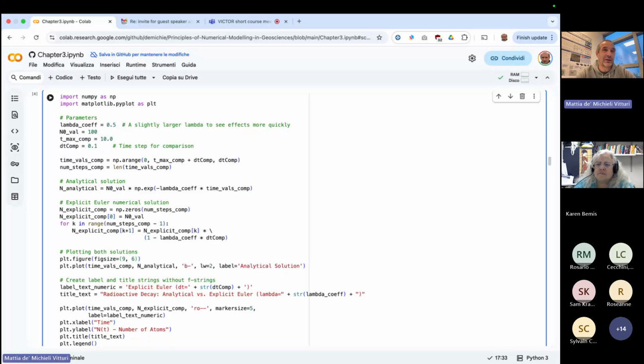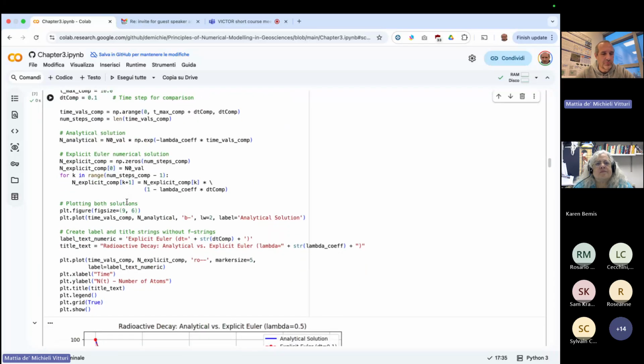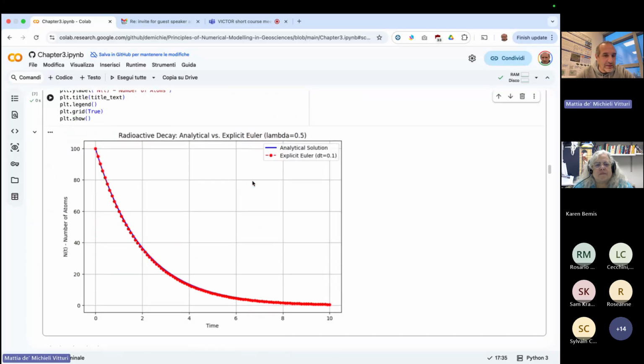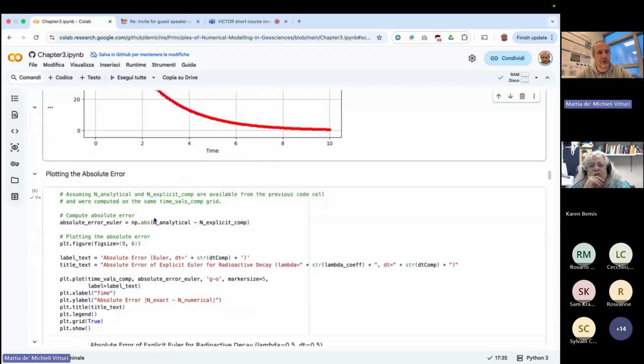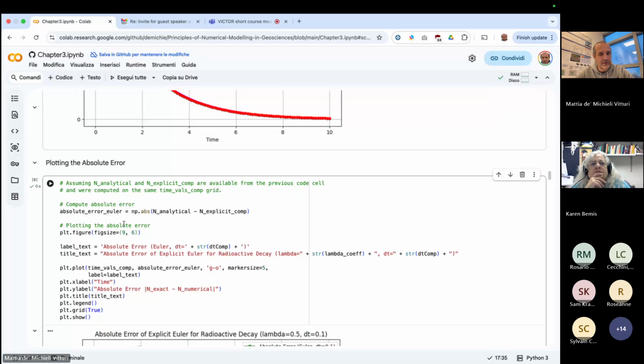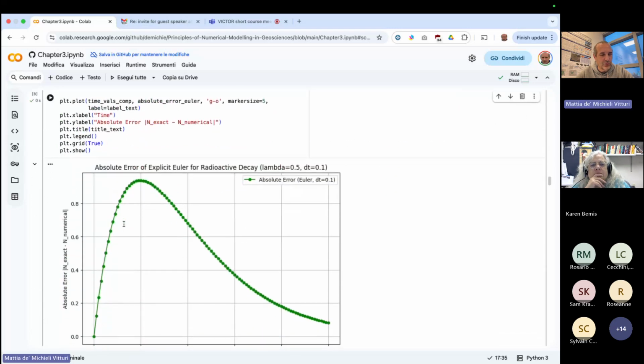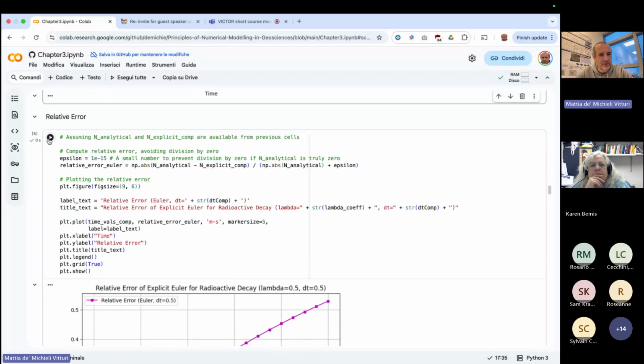So we are decreasing the time step by a factor 5. And so let's see. So we compute the new. Well, we already see that now the numerical and analytical solution are really close to each other. The absolute error, now I don't remember what the value of the absolute error was.